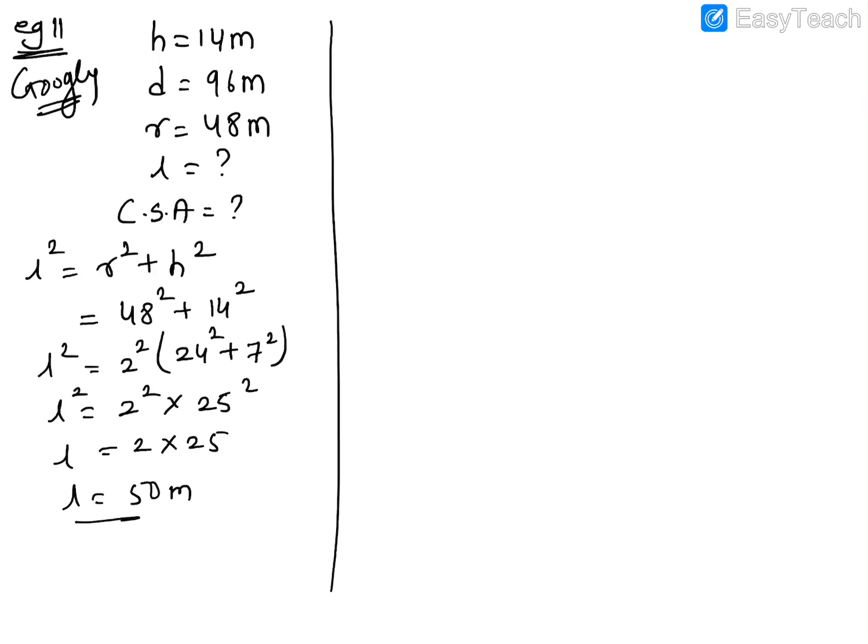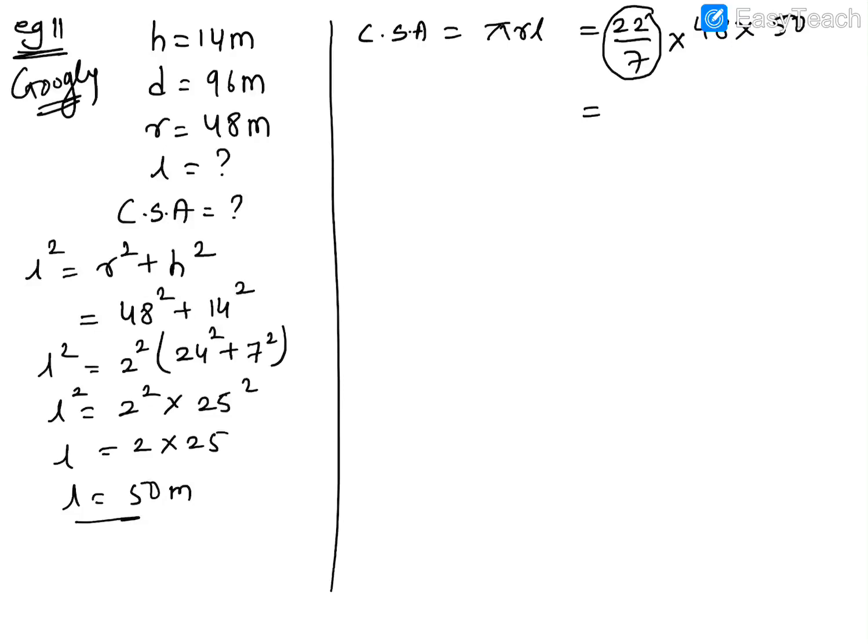Now we have to find out the curved surface area. How will you find out CSA now? Curved surface area is equal to pi RL. What's the value of pi? 22 upon 7. Radius is 48, and the slant height L is equal to 50. Just to keep the calculations easy for us, I will take this value of pi as pi only right now.